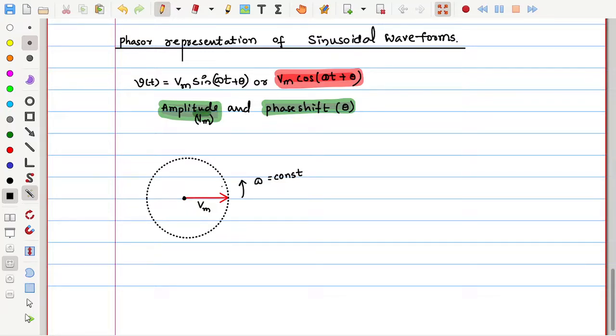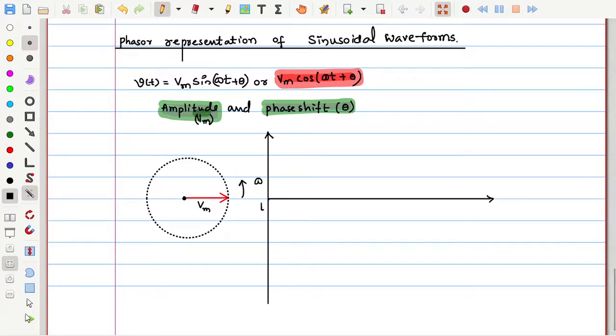What we are interested in is the projection of this rotating vector onto the vertical plane. This y-axis we call the vertical plane, and on the x-axis I'll take the corresponding instants of time.